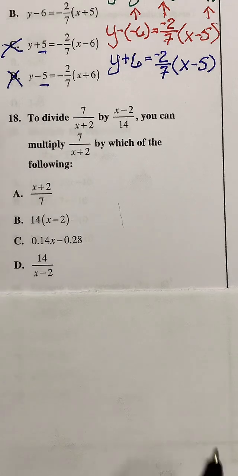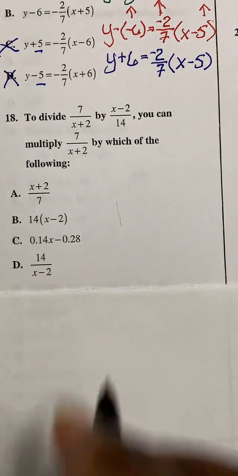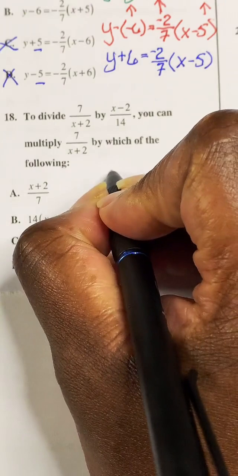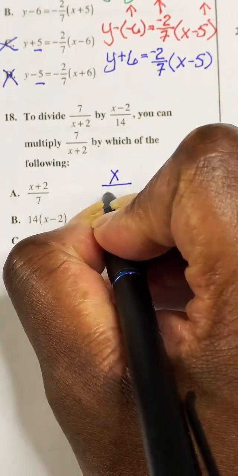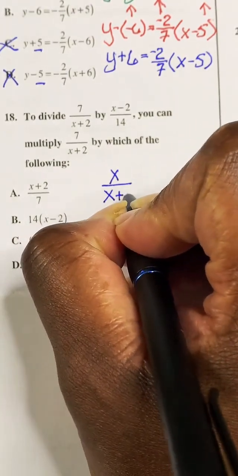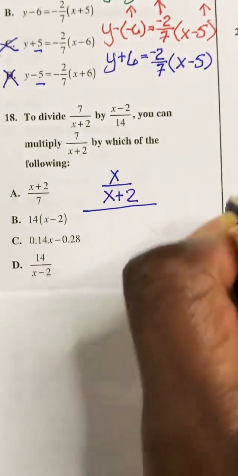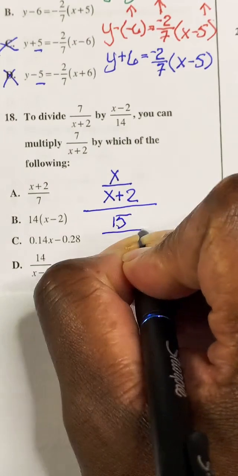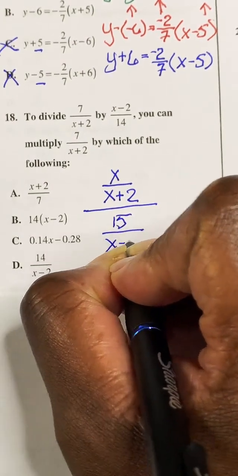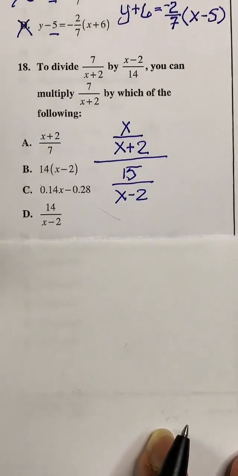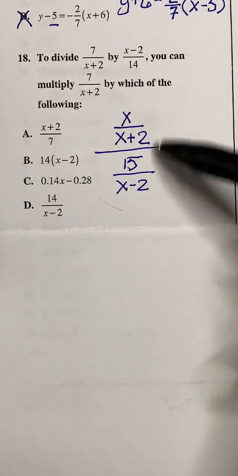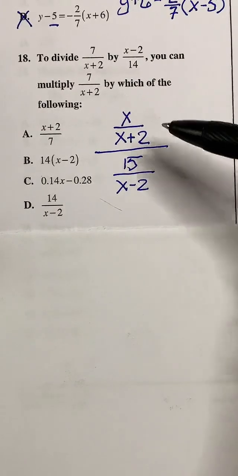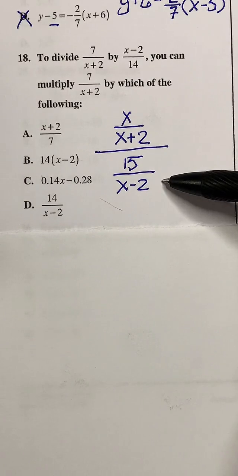All right, so when you're dividing, let me say, if I had x over x plus 2 divided by 15 over x minus 2. This looks crazy, right? So we have a fraction being divided by a fraction. That just looks insane.